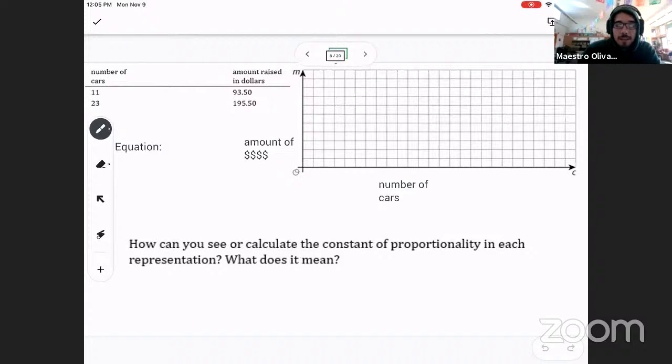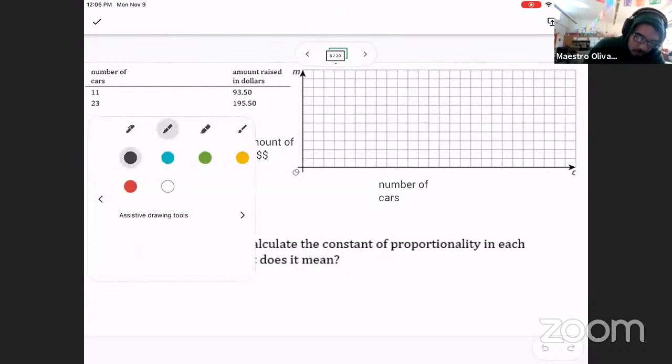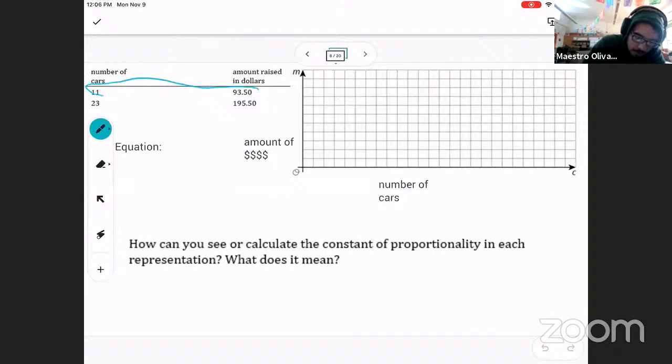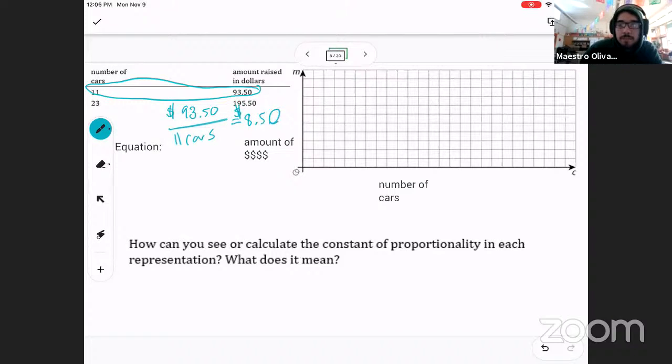So when we take a look at this, and thank you so much for letting us know how you did that, we take the amount of money, which is $93.50, and divide it by 11 cars to get $8.50. This right here, that's our slope or our unit ratio.